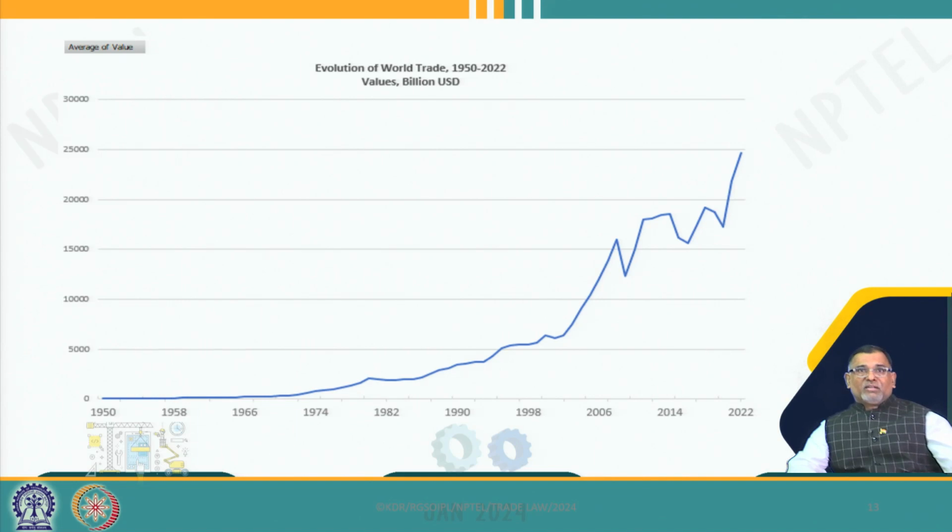Here again the World Bank has come out with these values. This is also from 1950. You see how the value of world trade has fluctuated during certain economic crises, especially the economic crisis in 2008, and also recently 2019-20 or 21, especially because of the pandemic, we can see a fluctuation.